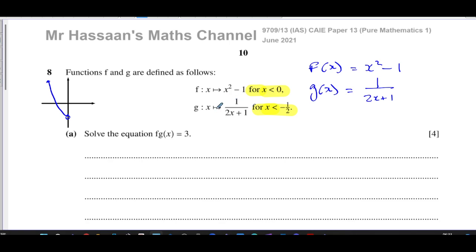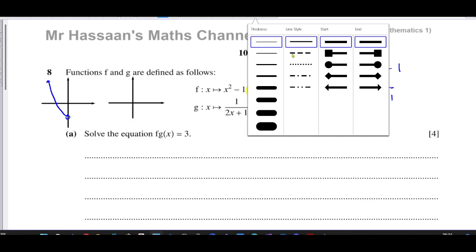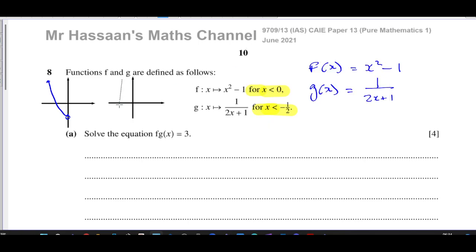And similarly for this, if you were to draw this, it will be like a reciprocal type of function, and you would have something like this. You would have an asymptote at x equals minus a half, which is where the function actually begins. If we ignore the domain, then when x equals 0, y equals 1, so it would go like that, and on this side it will be over here.